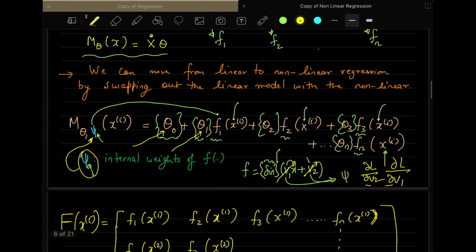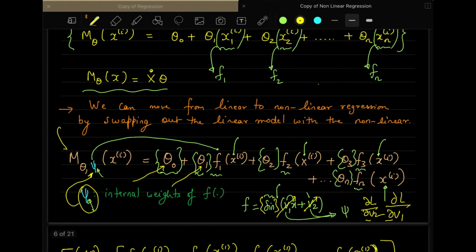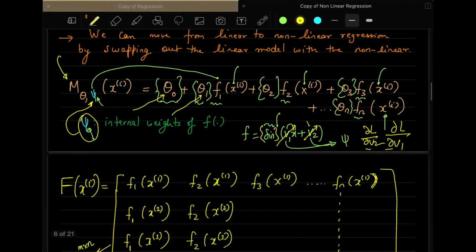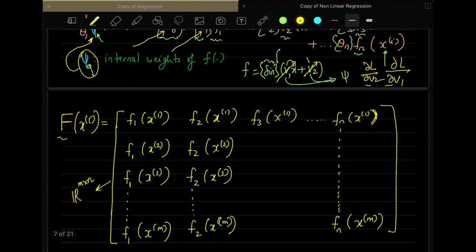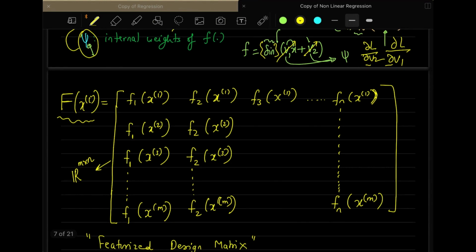Okay. So once you have this model which we have written over here, it's very simple to see. You can write something like the one which we have already discussed for the regression setting. We create a design matrix which is given over here, and the dimension of this design matrix is m cross n. So this is very similar to the linear regression that we have done. The only difference is you are operating polynomials now, f1, f2, on the features which are x1 till xn here.